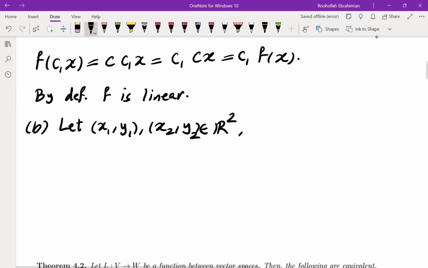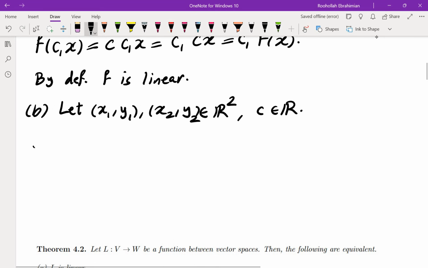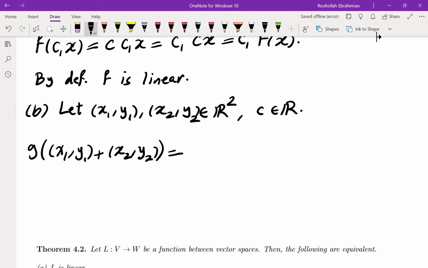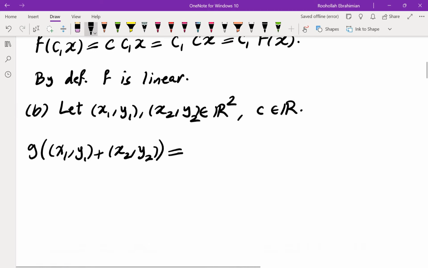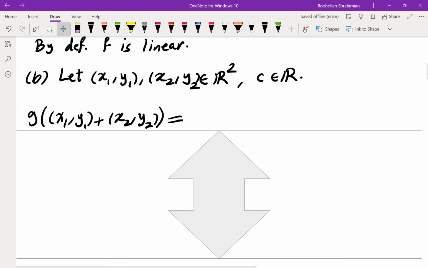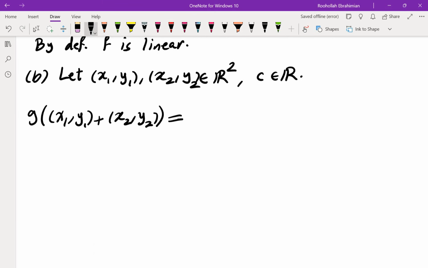We're also going to take a scalar in R. We are going to evaluate g of x1, y1 plus x2, y2, and we are also going to evaluate g of x1, y1 plus g of x2, y2, and then we'll have to show that those two are in fact the same. If they are the same, then it would be additive, and then we'll have to check the homogeneity. If not, then we would know that it is not linear.